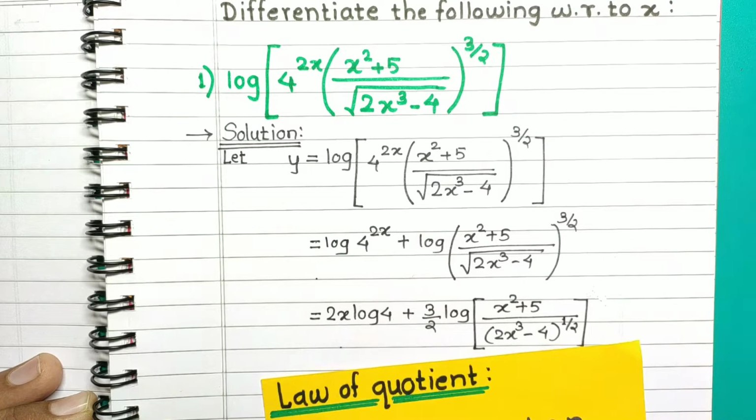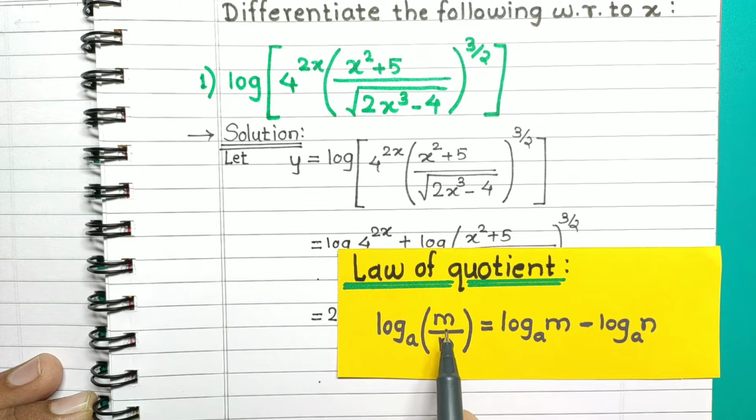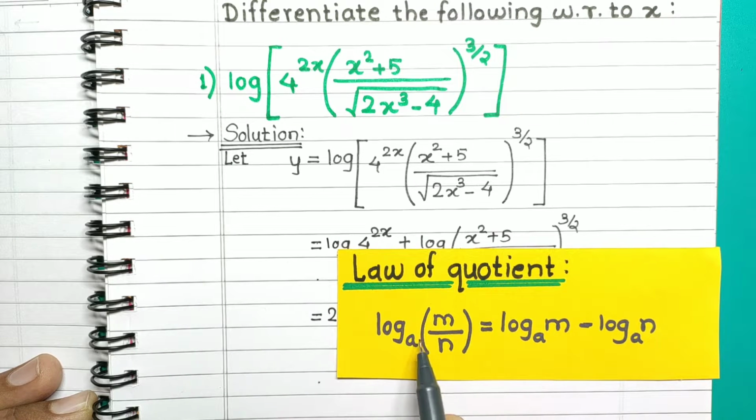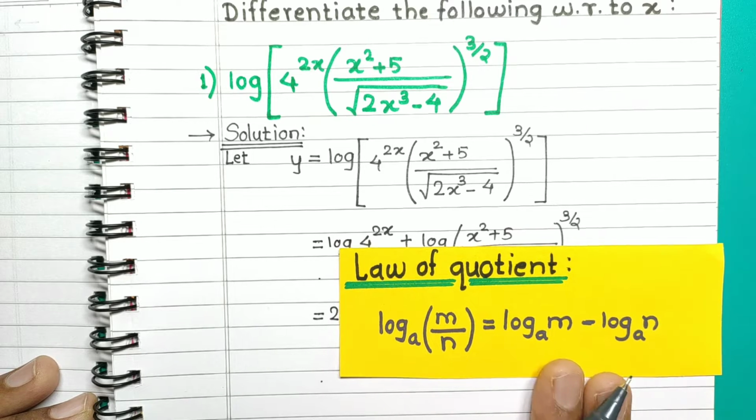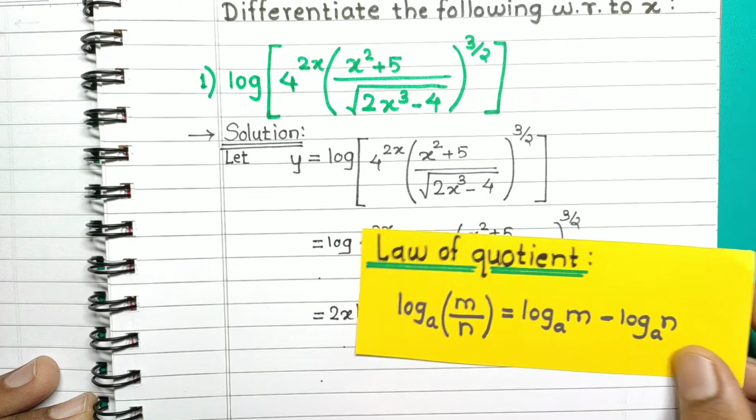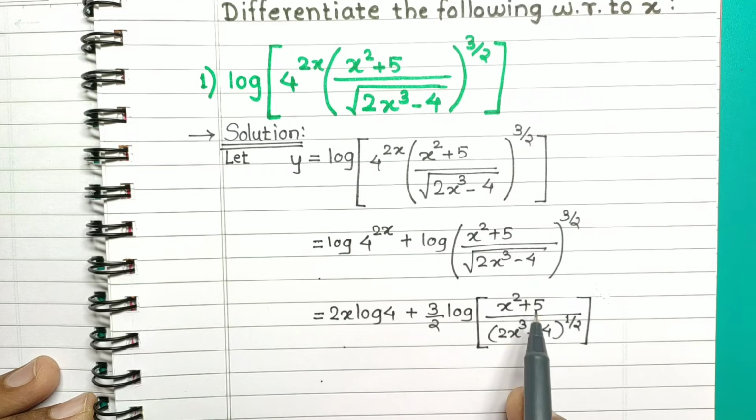We have the law of quotient as: if log contains m by n, a quotient, then we can write it as log of m minus log of n. So using this law of quotient, we can simplify this term.